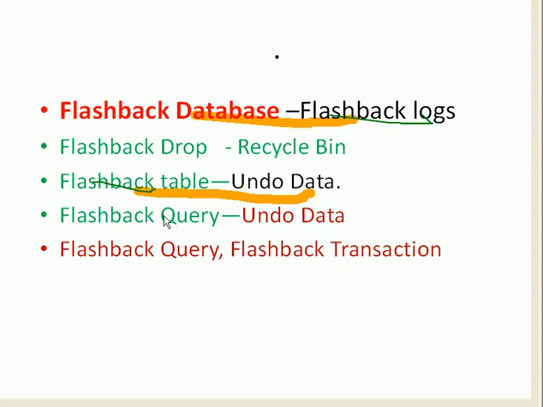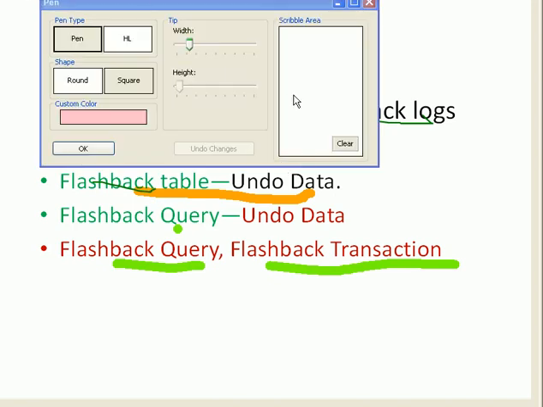We also have something called flashback query. Flashback query could involve the transactional query feature of flashback, or the flashback transaction table. Through this feature you can see what is happening to a particular table. But for flashback query and flashback table, what is most important is the undo data.